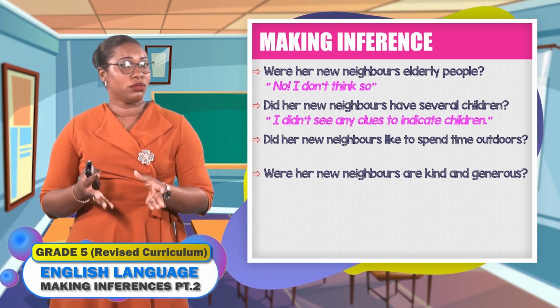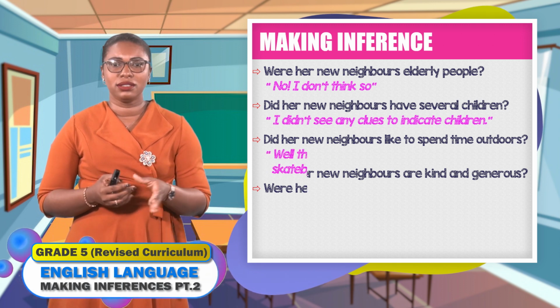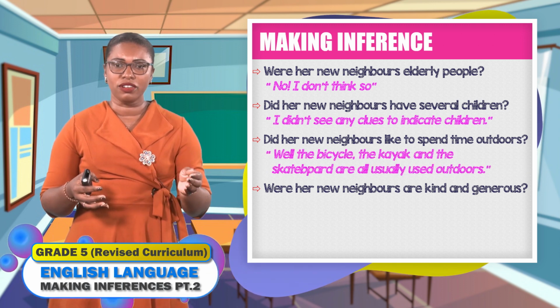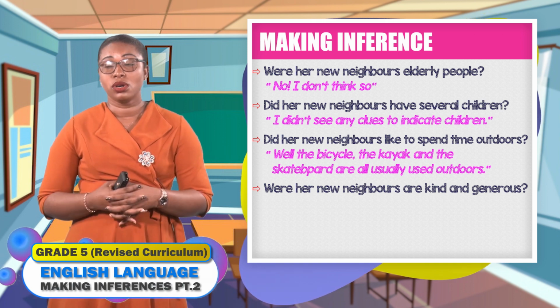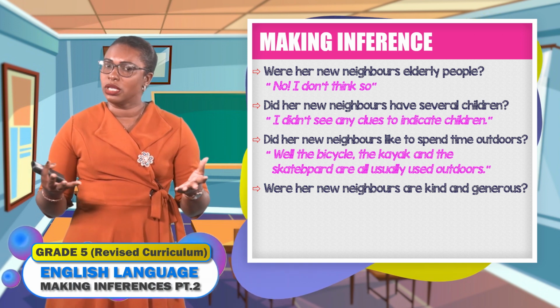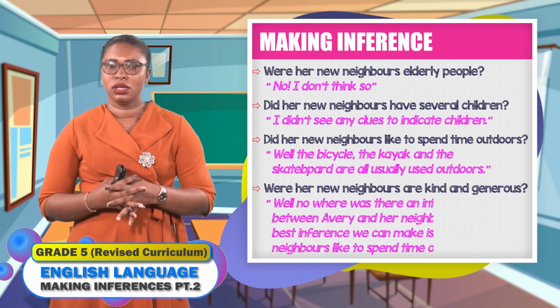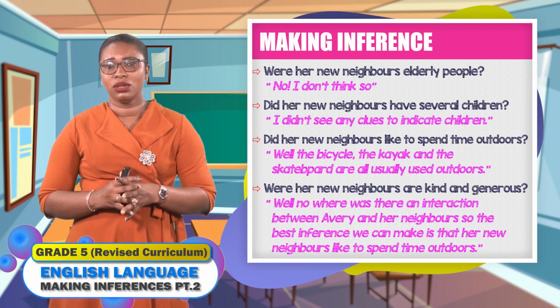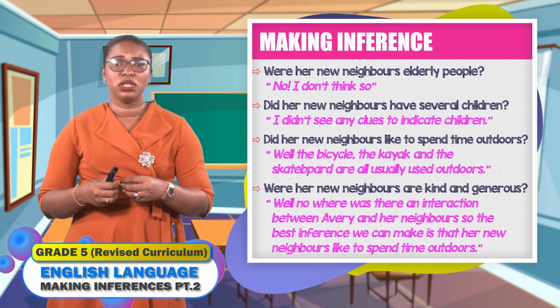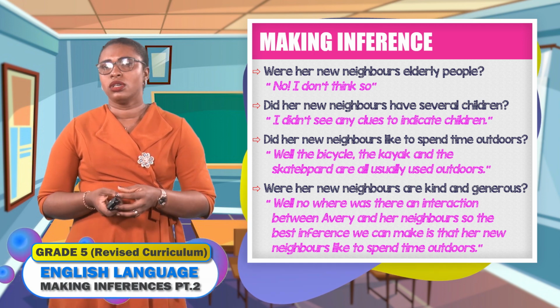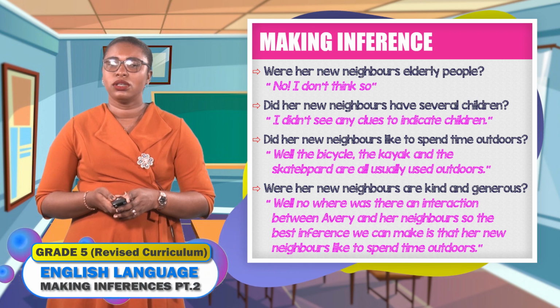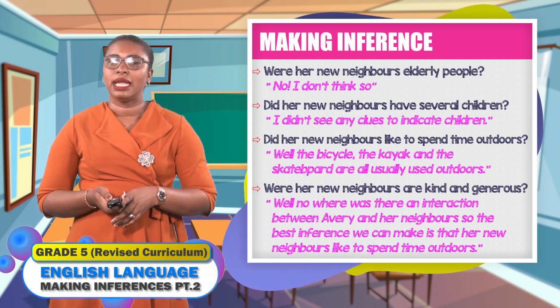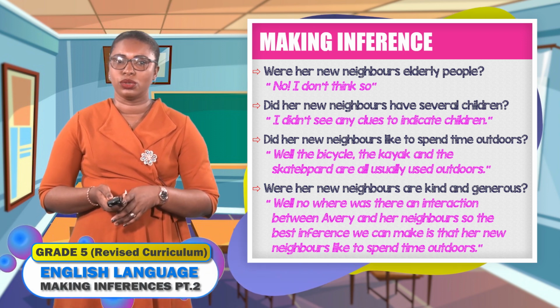Well, if you read carefully, the bicycle, the kayak, and the surfboard are all usually used outdoors. Or were her new neighbors kind and generous? But there was nothing there where we saw an interaction between Avery and her neighbors. So the best inference that we can make is that her new neighbors like to spend time outdoors.